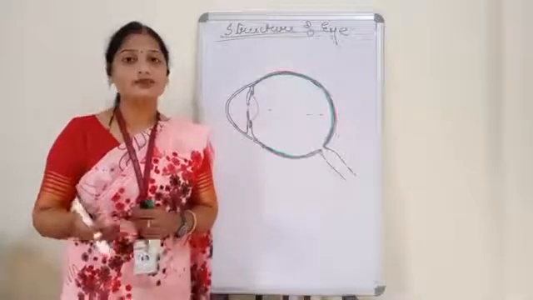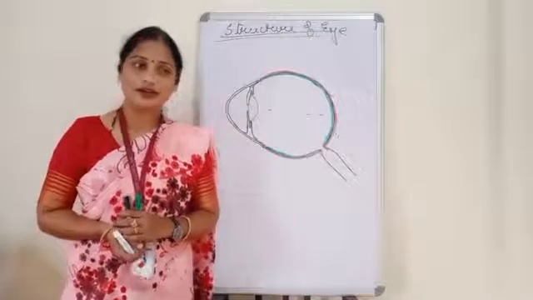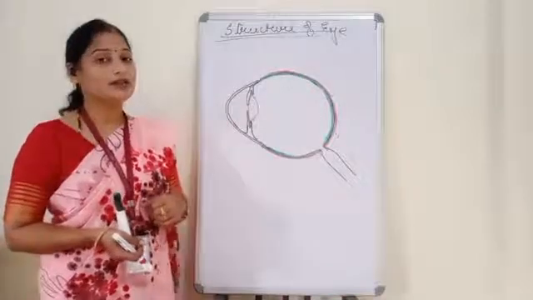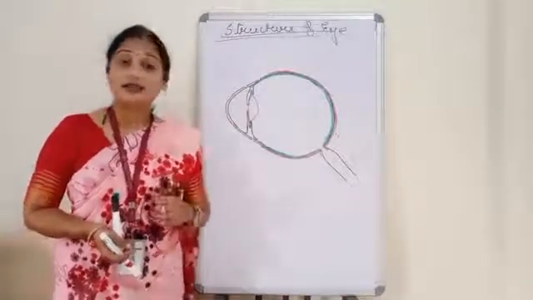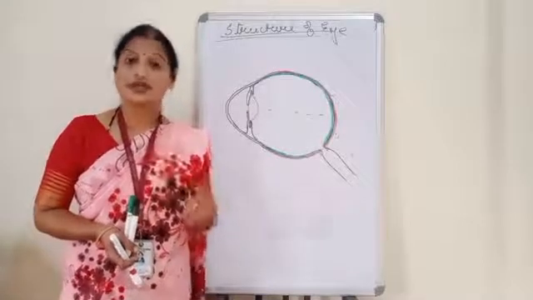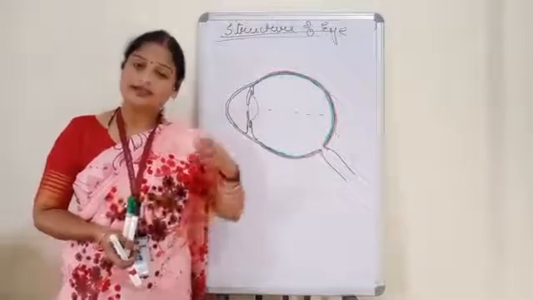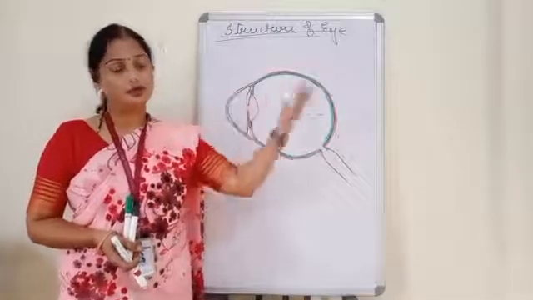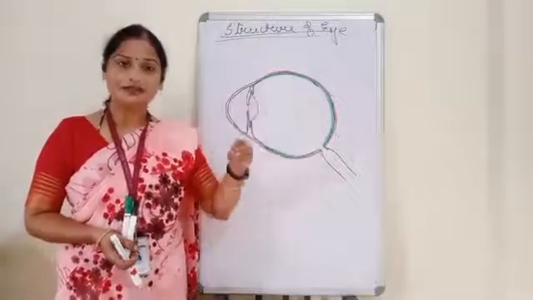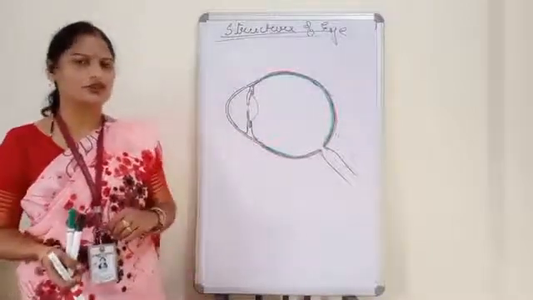Students, in the previous video, I have already started the structure of the eye. In that, I have explained to you that our eye is a photoreceptor organ which receives the light and helps in the formation of images by sending the messages into the brain via some visual nerve fibers, that we will see in the structure of the eye.